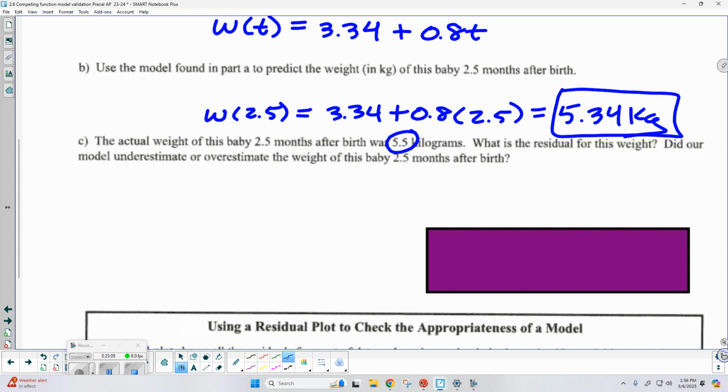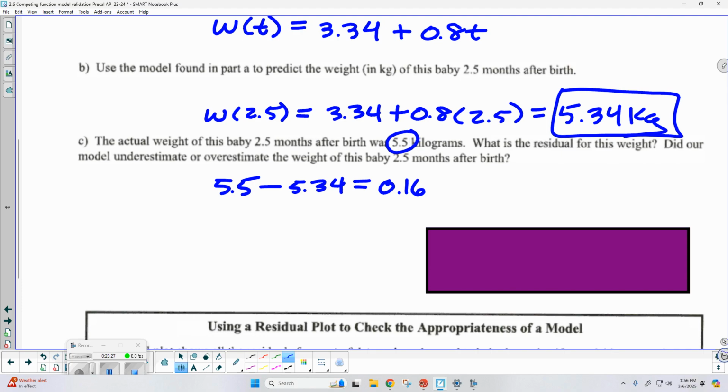Actual minus the predicted. So the actual is 5.5. We found our predicted to be 5.34. Matthew, what is 5.5 minus 5.34? Okay, so 0.16. That's my residual.